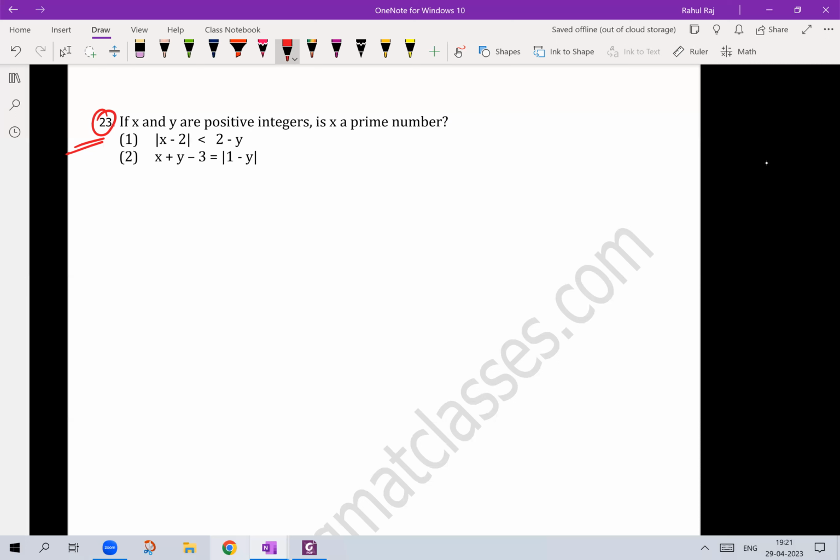B. No. You might have marked right. B is the right one for sure, but the answer is not B. Why is it not A? A is also sufficient. Why is it not sufficient?